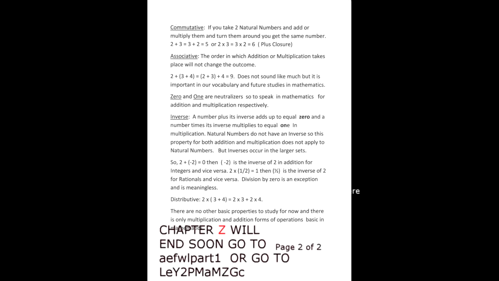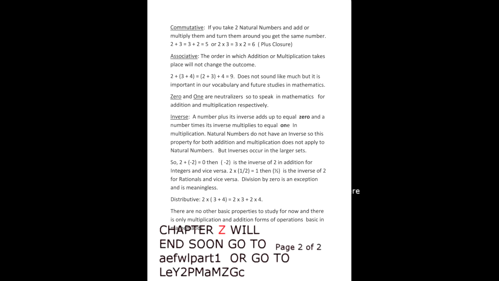The distributive property: A times (B plus C) is equal to A times B plus A times C, or in other words, we can put it the other way around. (B plus C) multiplied by A is equal to B times A plus C times A, because both results have the same effect.